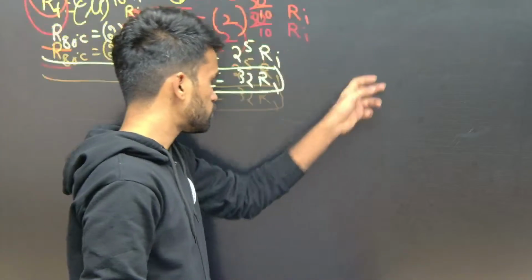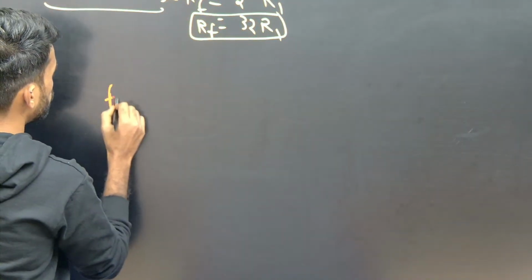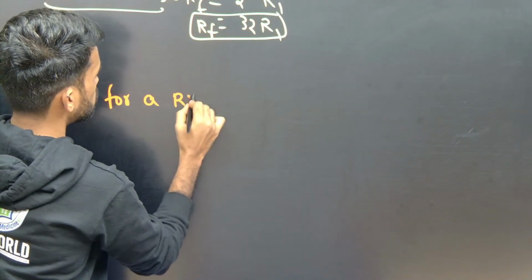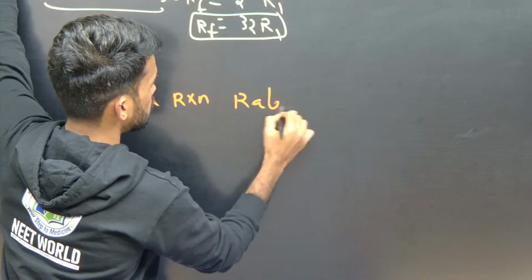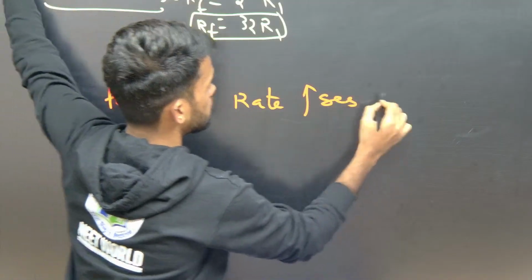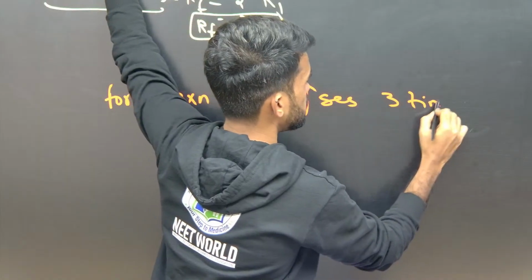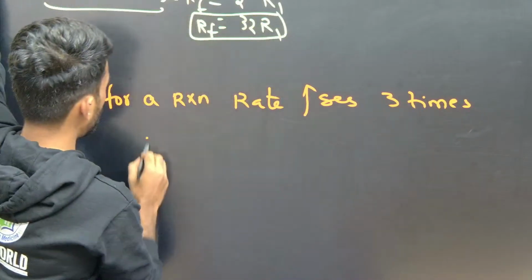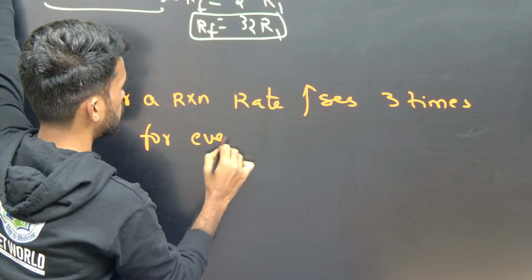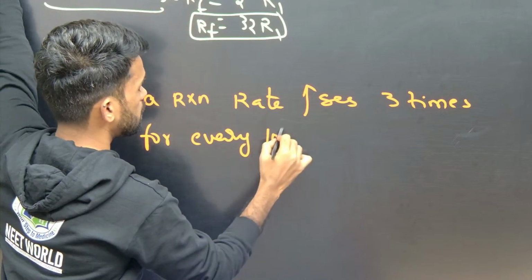Now tell me the answer for this: for a reaction, the rate increases 3 times for every 10 degrees Celsius.